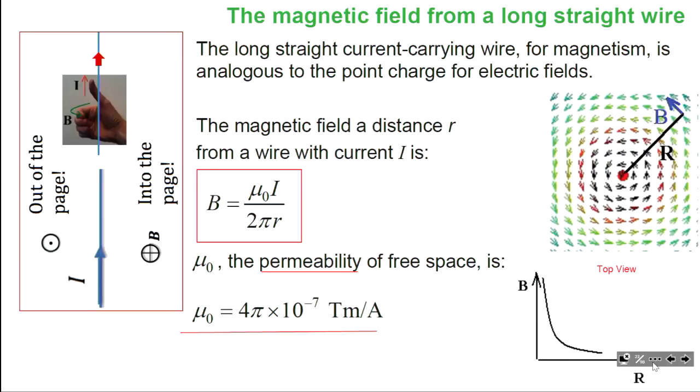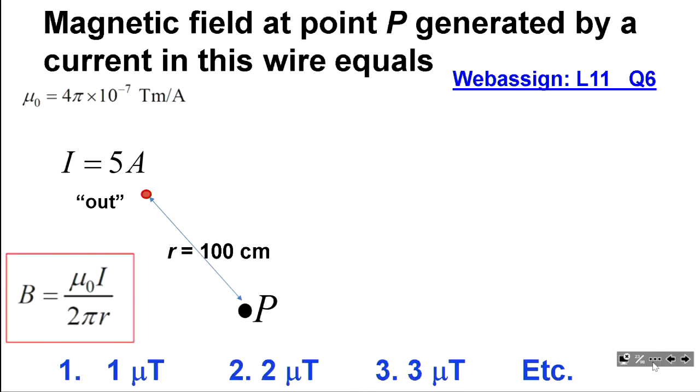Well, this is an equation for magnetic field strength. And I'm just going to give you, again, a minute or two just to practice. Electric current has a 5 amp strength. Distance equals 1 meter.